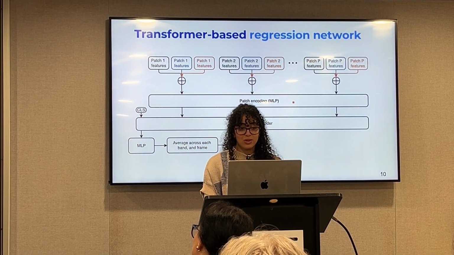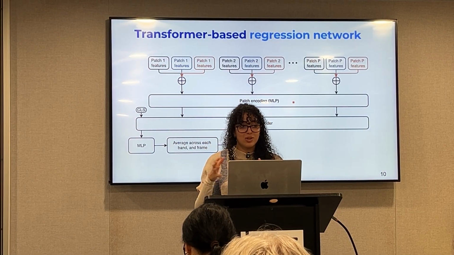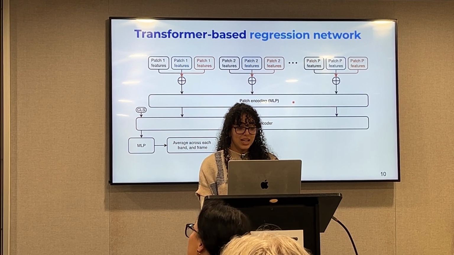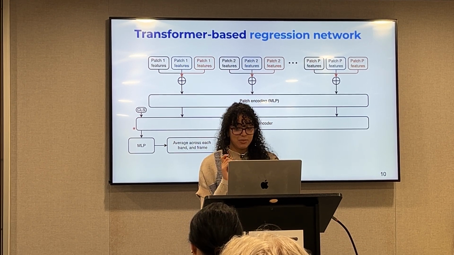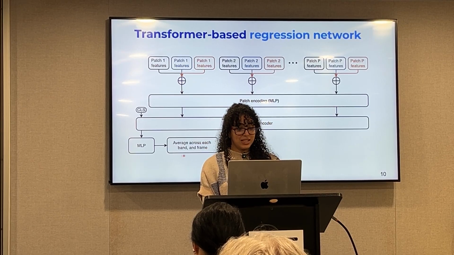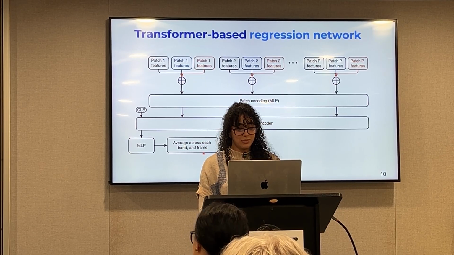We're actually using only one linear layer, just because our features are already given from ColorVideoVDP, so they are already in meaningful units, so we didn't need to do more processing on them. And then we add a learnable CLS token, and we give it to our transformer. And then using the MLP, we get a final quality score across each band and each frame, and then we average across all of them again to get the quality score per video.